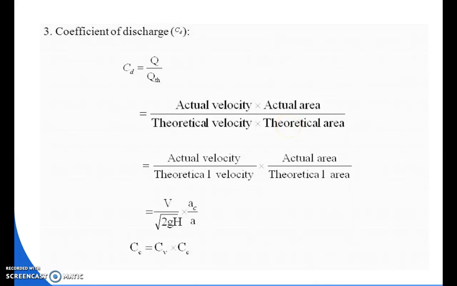Let's separate the two terms: actual velocity by theoretical velocity, and actual area by theoretical area. We get V by root over 2gh into Ac by A. It is clear that V by root 2gh is the coefficient of velocity Cv, and Ac by A is the coefficient of contraction. So Cd is equal to Cc into Cv.